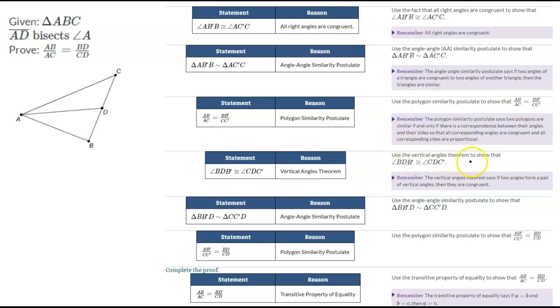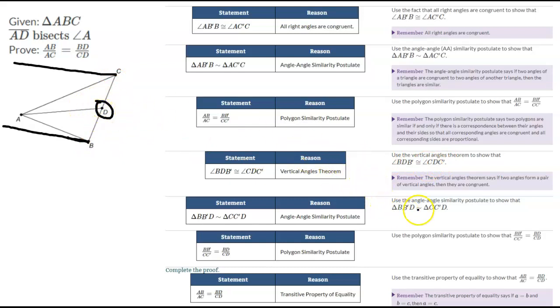Using the vertical angle theorem, I can show that angle BDB prime, so that's going to be this angle right here. Let me put these lines back for us. This angle right here is congruent because it's shared.